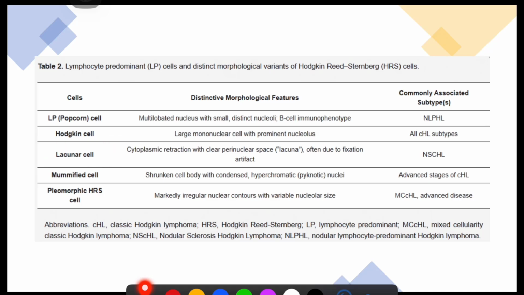Lacunar cells, which is nothing but the cytoplasmic retraction with clear perinuclear space, which is called lacuna formation, which is due to fixation artifact and common in nodular sclerosis type. Mummified cells in advanced stage of classic Hodgkin's lymphoma, and pleomorphic cell is most commonly in the mixed cellularity pattern and advanced disease.